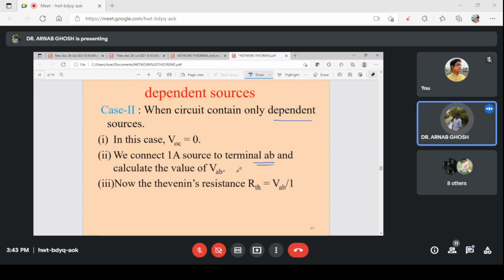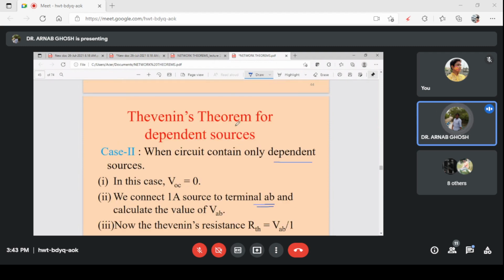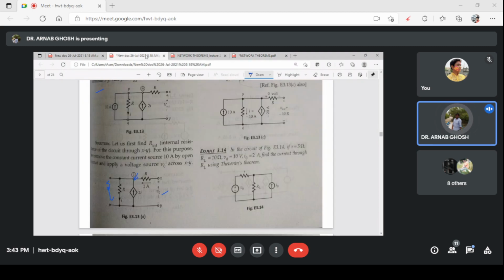I am just repeating this. When I am considering a circuit with only dependent sources and applying Thevenin's theorem, we connect a source between terminals A and B and calculate the value. We have removed the independent source, so we are left only with the dependent source. Now apply KCL at node 1.